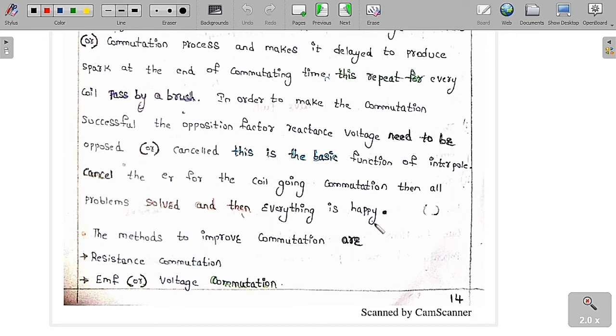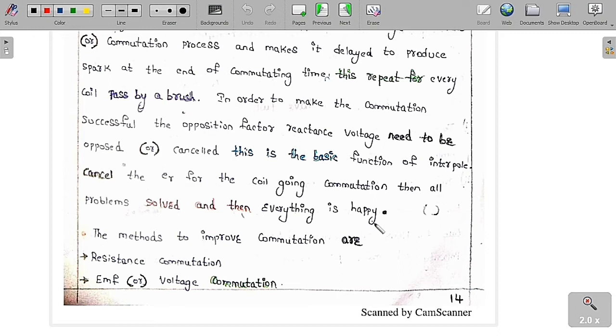So the process of current reversal in the coil when it gets short circuited by the brush is called commutation. The time taken for the brush to move from one segment to the other is called the commutating time Tc. In this period, the coil remains short circuited and the current reverses. If the current reverses completely within the commutating time, then commutation is successful.